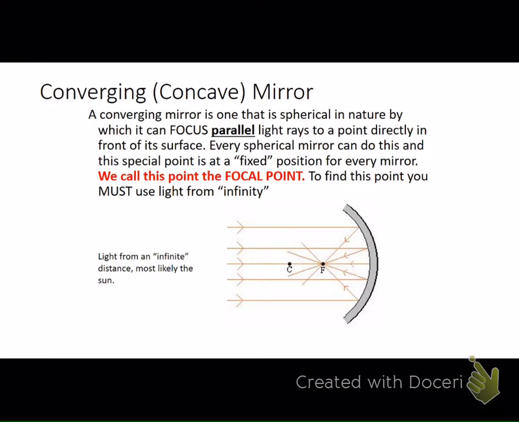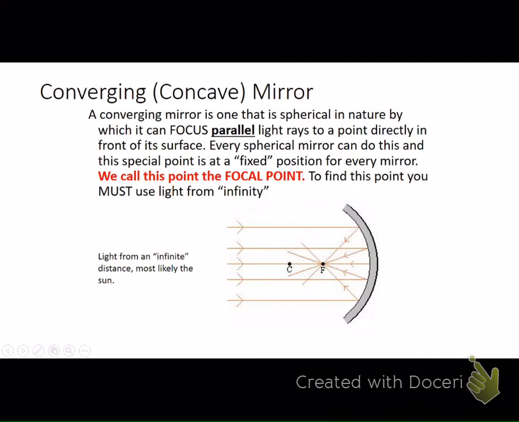The other type is called a concave mirror. Now this one was easier for me to remember because it looks like it has caved in. So concave, it has the indentation in the middle. As you can see from the picture here, this is a very important illustration. When light rays strike a concave mirror, they get reflected at some point.